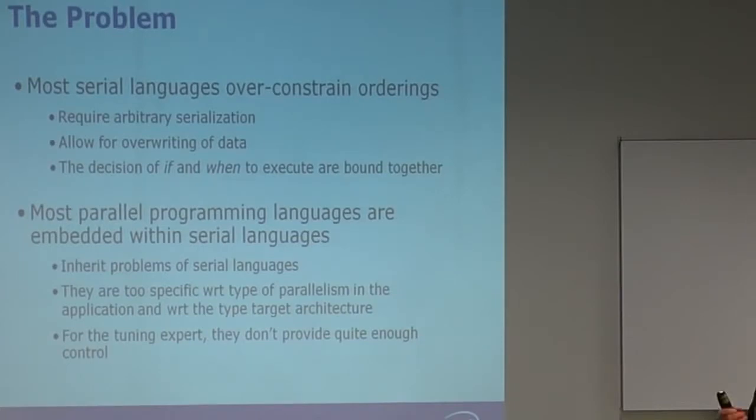And they might be specific with respect to the type of target. Maybe it's designed for distributed memory or only shared memory or something like that. And yet, with all of these constraints, they still don't provide enough for the tuning expert to really have control over what's going on.